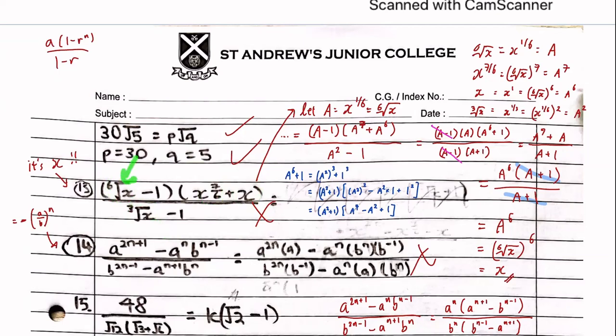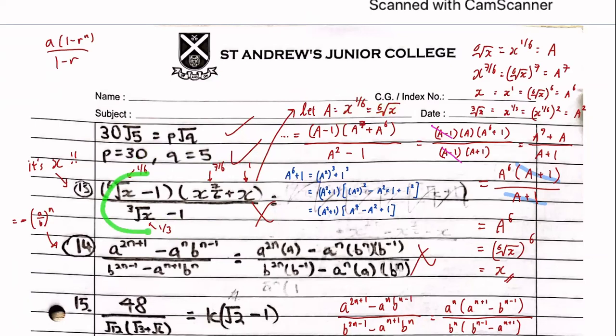Here will be 1 over 6. Here will be 7 over 6. Here will be 1. Maybe I write it down. 1 over 6, this one is 7 over 6, this one is 1, that one is 1/3. Which is the smallest? 1/6, exactly. So that's why I let a equal x power 1/6, or 6th root of x.